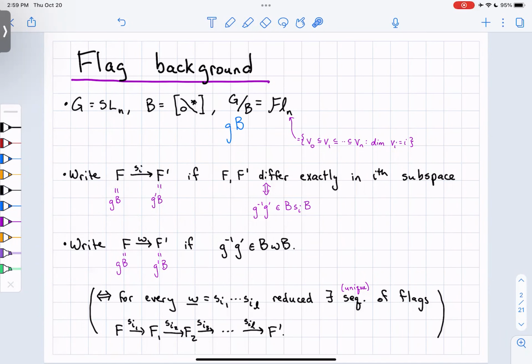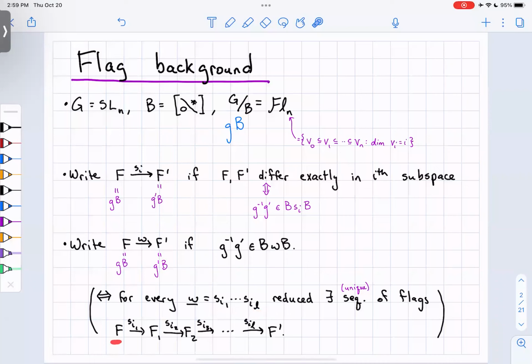And so, more generally, two flags F and F prime are w related if some coset condition holds, or I like to think about it this way better. They're w related if for every choice of reduced word for w, there's a sequence of flags which interpolates between F and F prime, and the word for w that you pick is going to dictate how you change subspaces along this path.